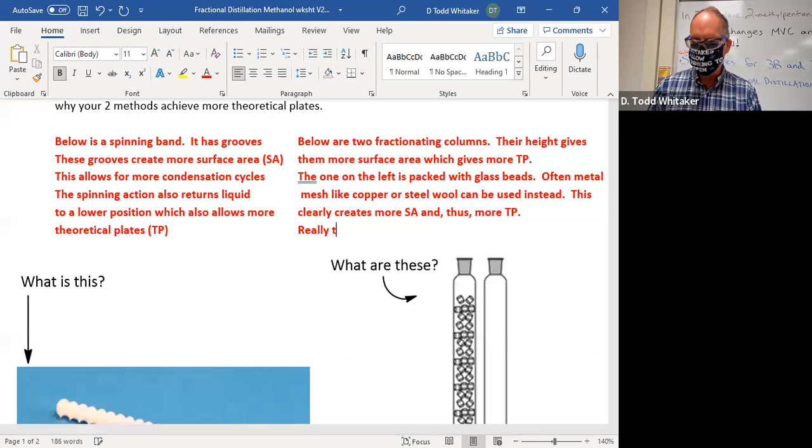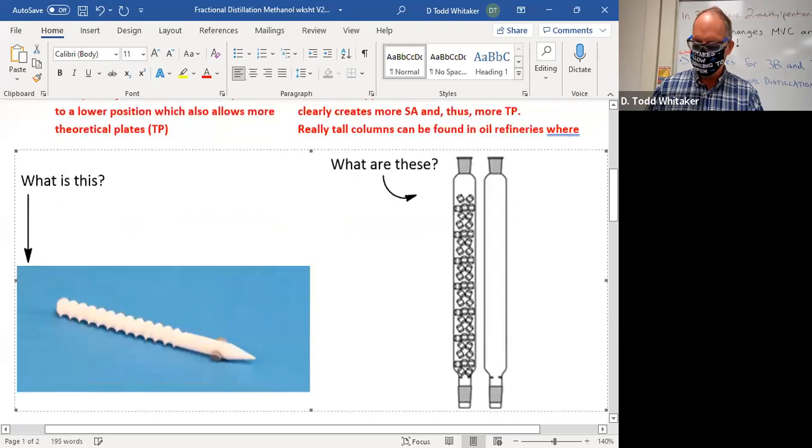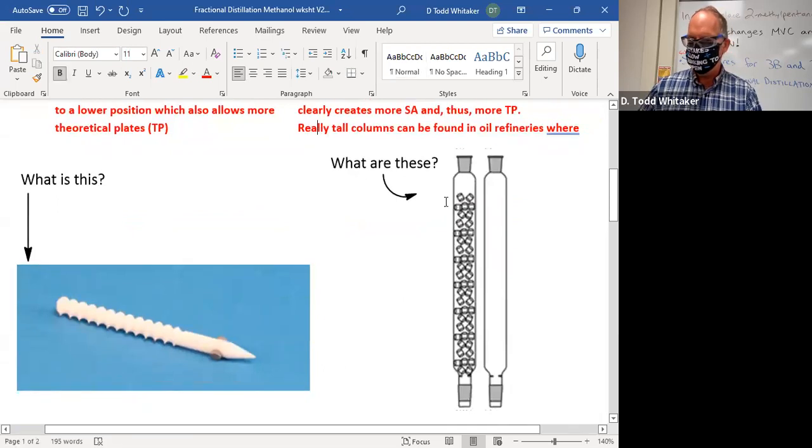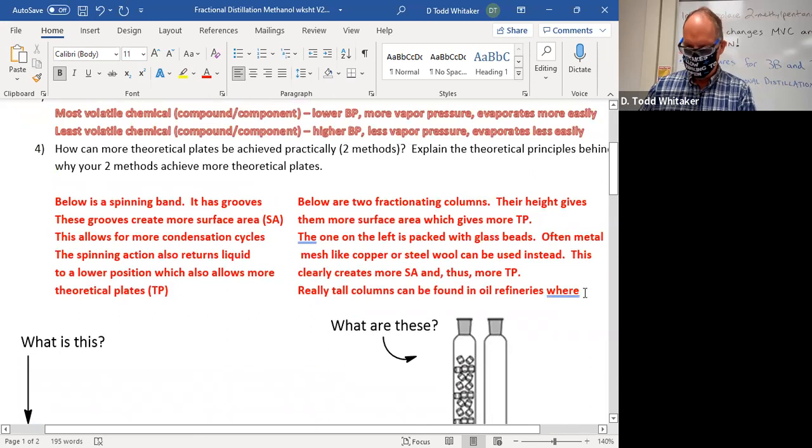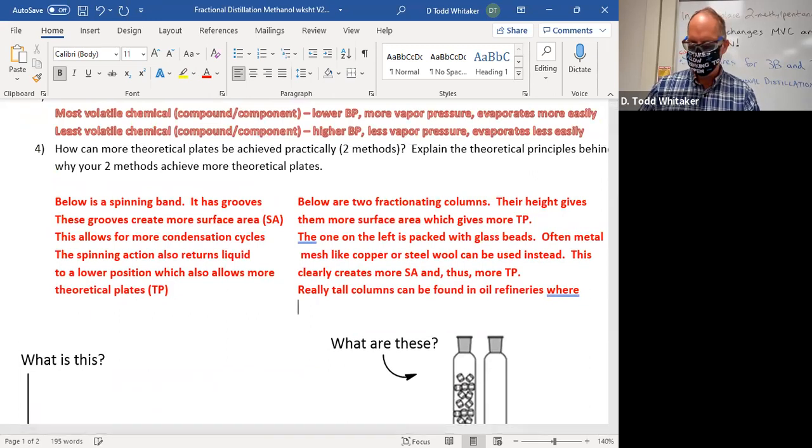Really tall columns can be found in oil refineries, where, whoa, this one's going to be fun. What do you refine in an oil refinery? What's the raw material they're refining?